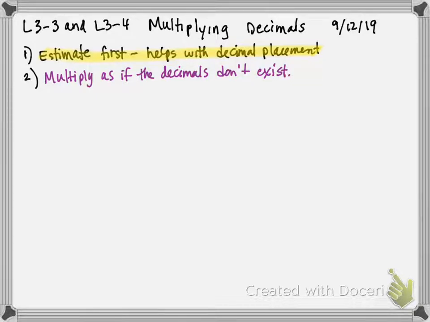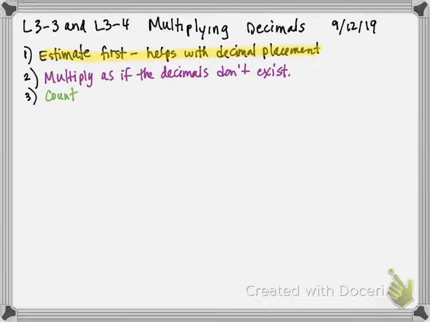Now, this is the weird one, and it's a little cumbersome to write, so I'm hoping the words come out good for you. Now we have to put the decimal back into the answer. So we're going to look back at those original numbers that had the decimals in, and we're going to do some counting. What are we going to count?